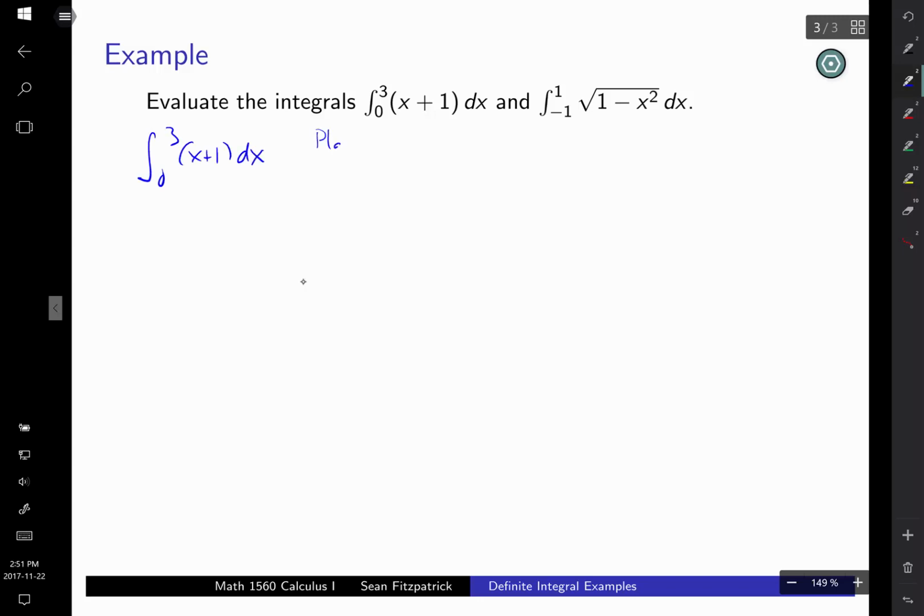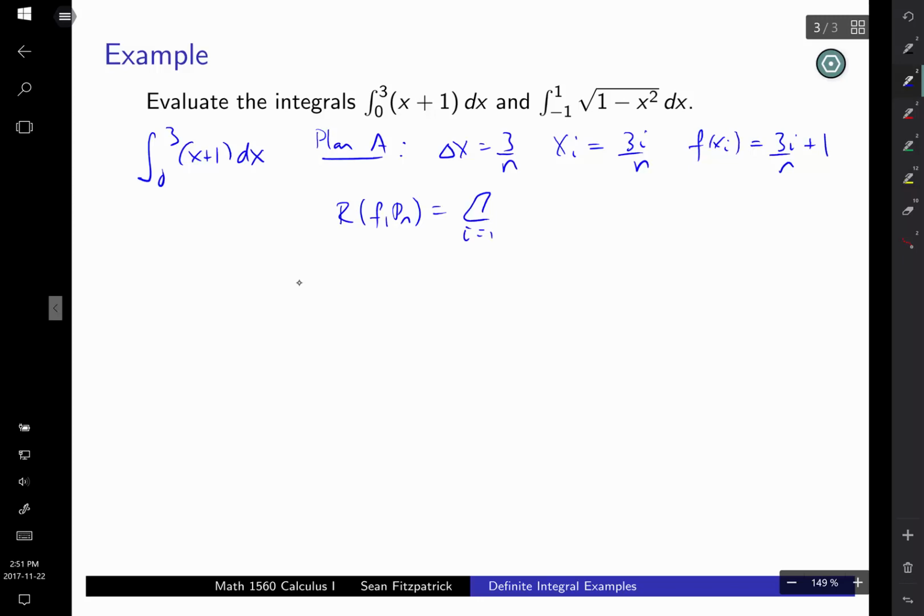So here's sort of plan A. We say, alright, delta x is 3 over n, my xi is 3i over n, my f of xi is 3i over n plus 1, and so my Riemann sum looks like this, the sum i going from 1 to n of 3i over n plus 1 times 3 over n.